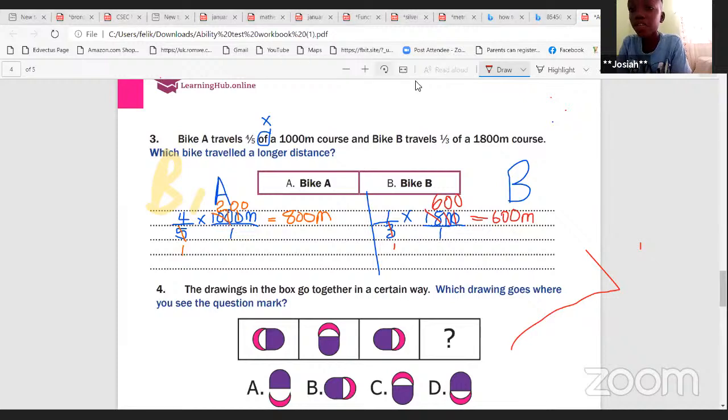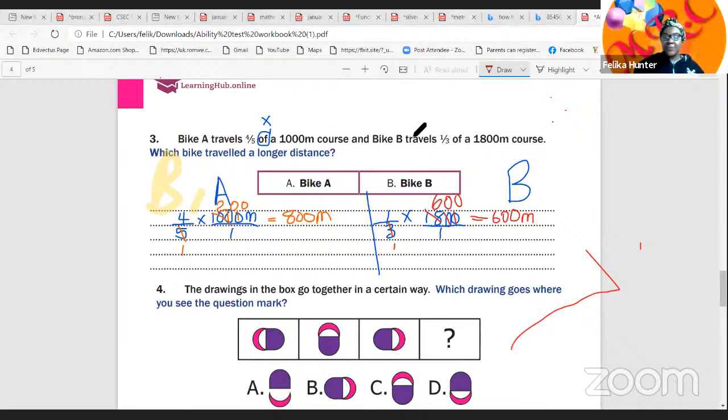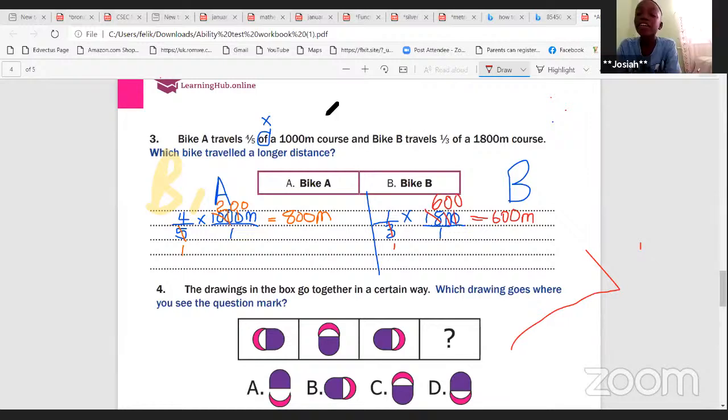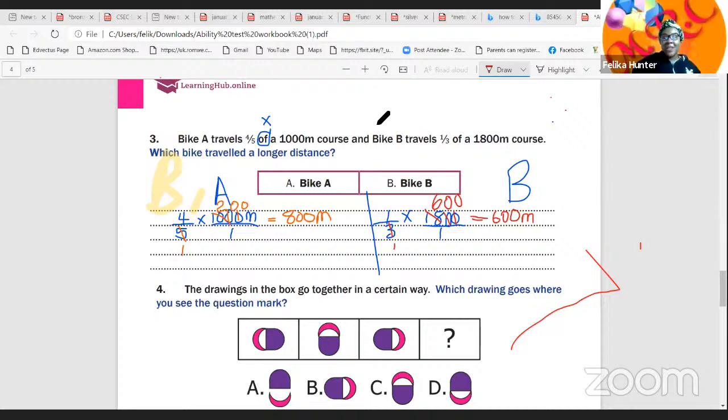Beautiful reading. Yes, Josiah? Miss, can I explain it? Can you explain it? Yes. Go ahead and explain it for me.